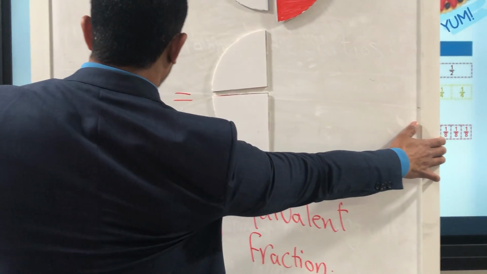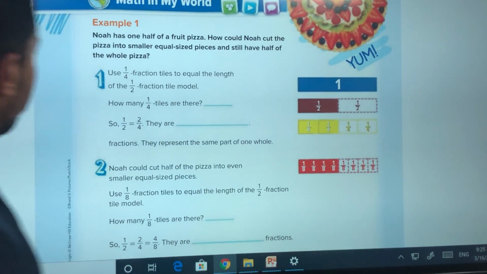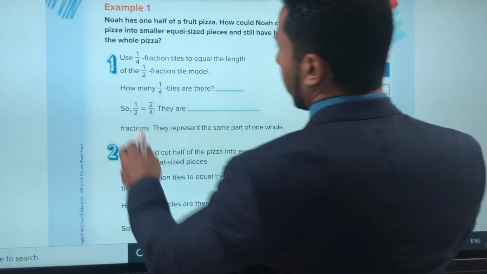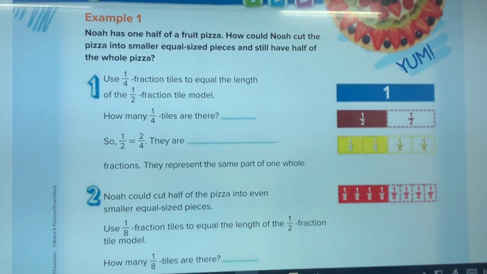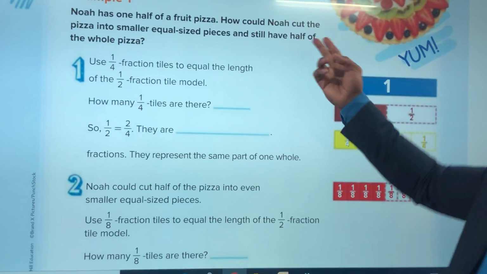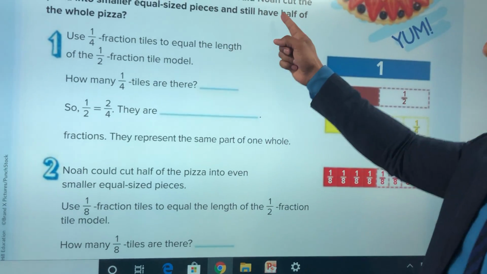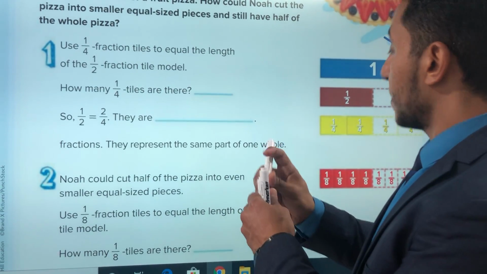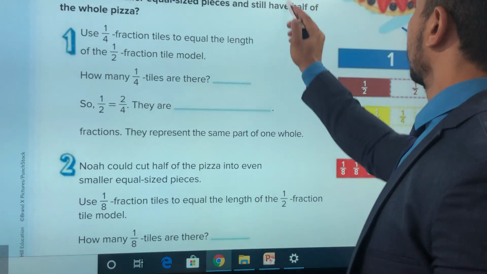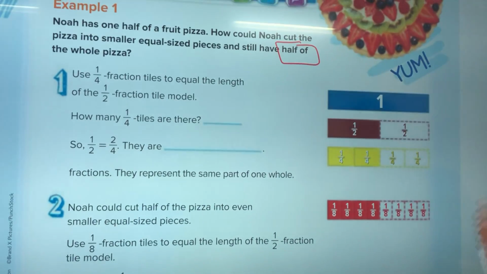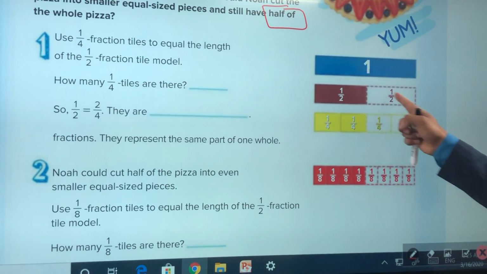Excellent. Okay, let's go back to my book, page 601, as I said. Example number 1 says, Noha has 1/2 of a fruit pizza. How could Noha cut the pizza into smaller equal-size pieces and still have half? Here, as you can see, the model is 1 piece of pizza divided into 2 equal parts.